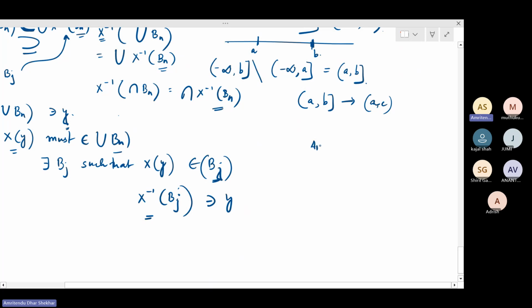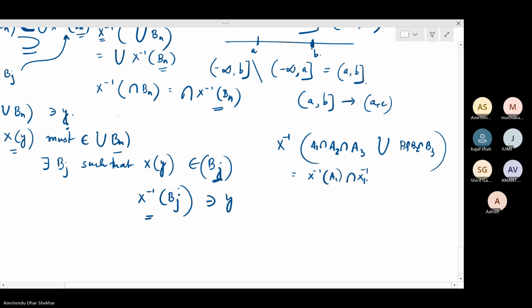You have a set like A1 A2 A3 union B1 B2 B3, and if you do X inverse of this thing, this will commute immediately and you will get this. And likewise, you will get this thing.